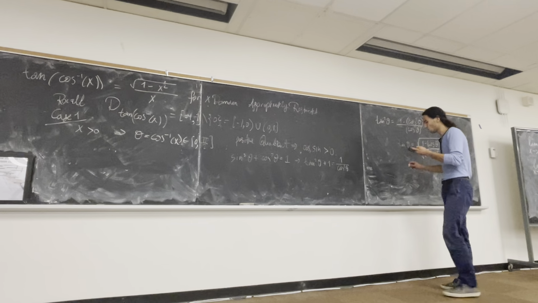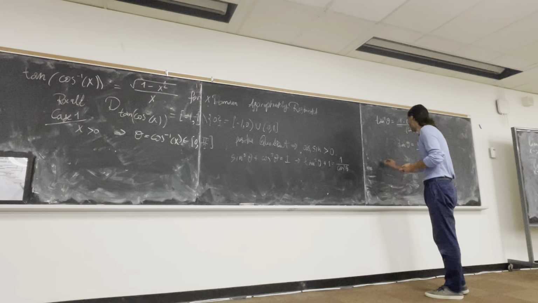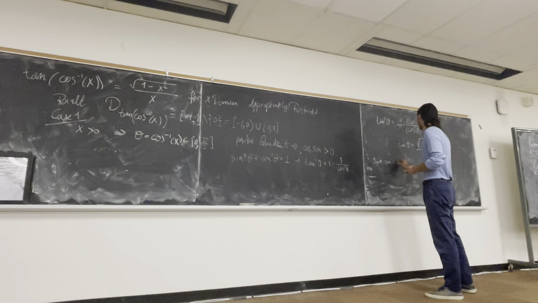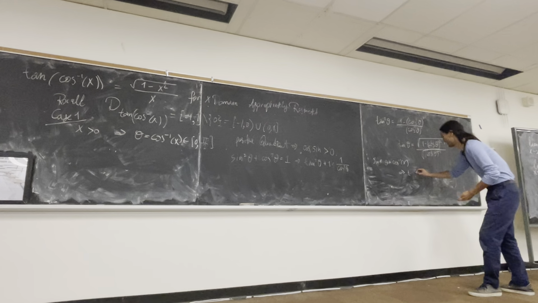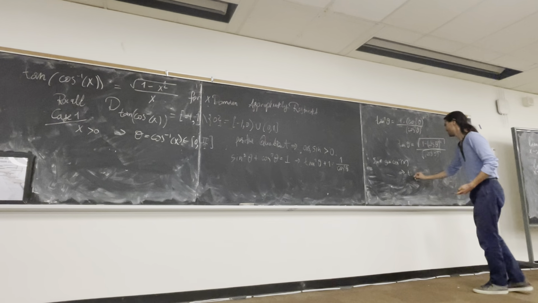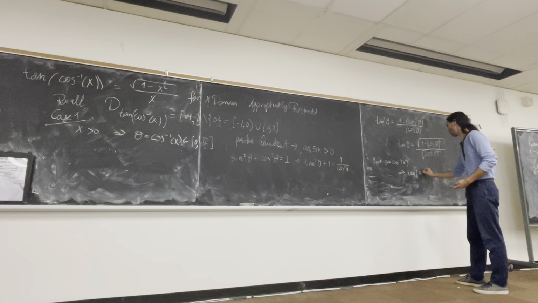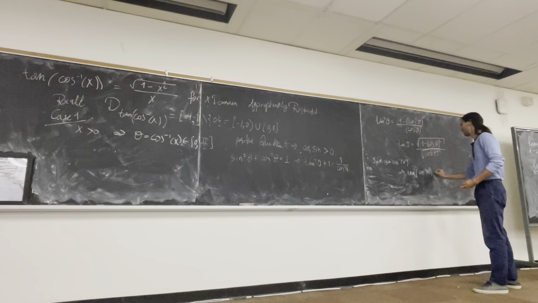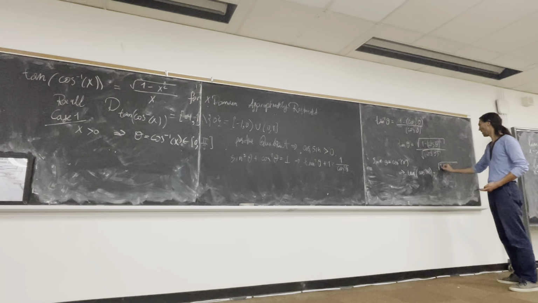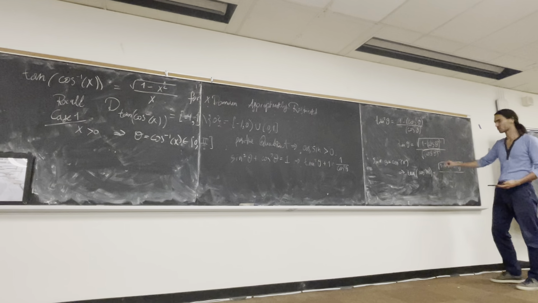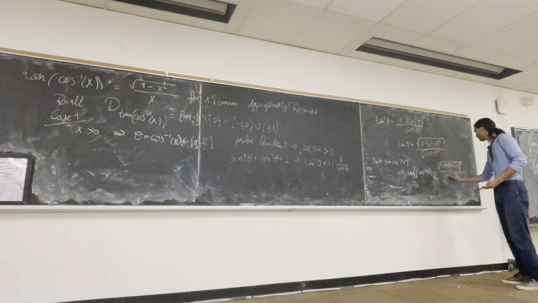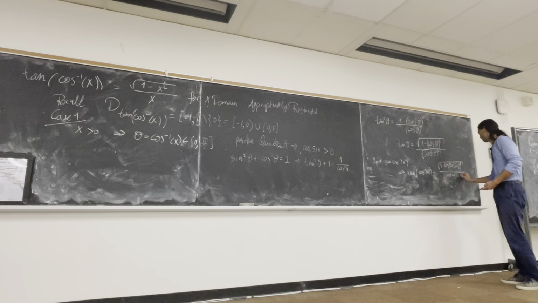Since theta is equal to cos inverse of x, this implies that tan of cos inverse of x is equal to the square root of 1 minus cos squared of cos inverse of x, divided by cos of cos inverse of x.